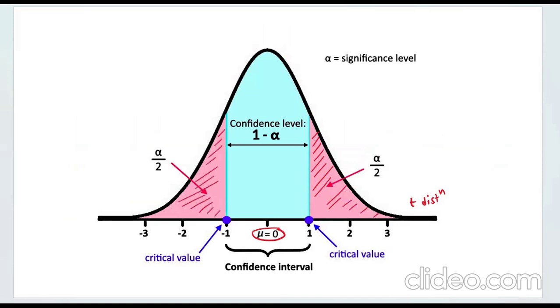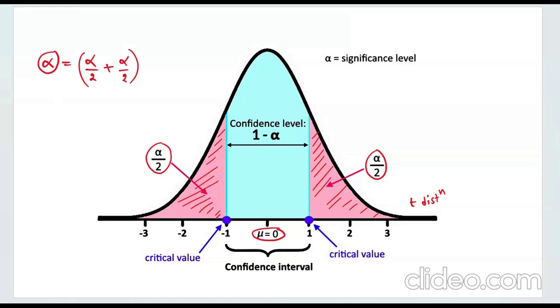This pink shaded region is the rejection region where the total area of rejection is alpha. So the total area is alpha, that is the probability of type 1 error, which is divided into these two regions by alpha by 2 and alpha by 2. So equal probability: here you have alpha by 2 probability, here you have alpha by 2 probability. If you add these two regions, you will get the total significance level. So your probability of committing error is this alpha.